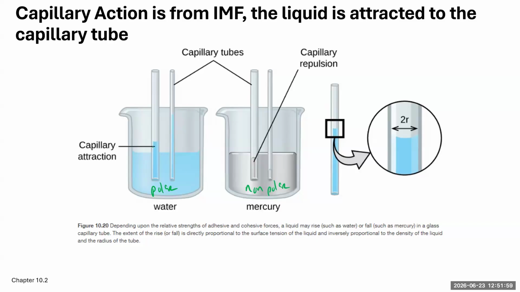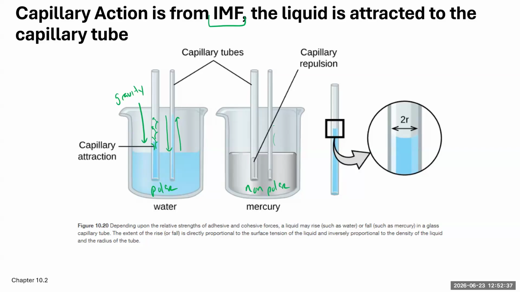And so that water keeps climbing up the tube, but gravity pulls it down. That's why it doesn't go out the top, right? Water climbs the tube, gravity pulls it down. That's why it doesn't go to the top, but the attractive forces. So the IMF, intermolecular forces, is causing the water to climb the glass.